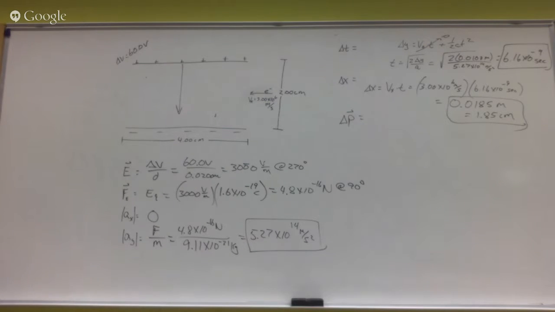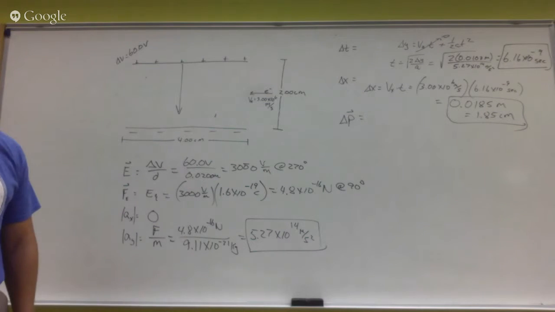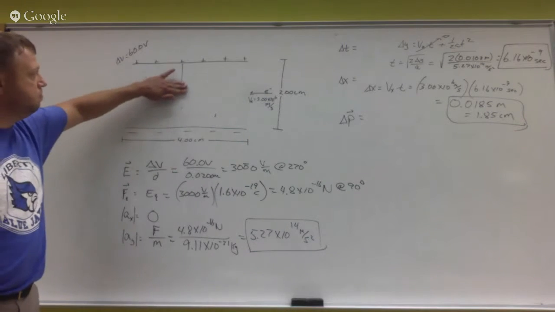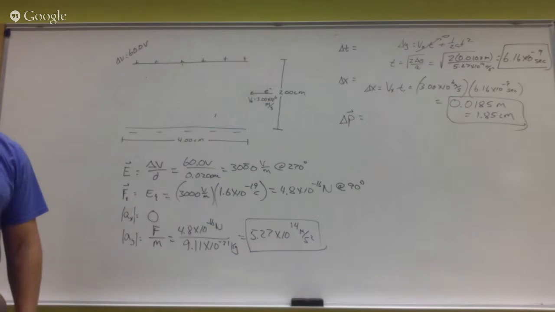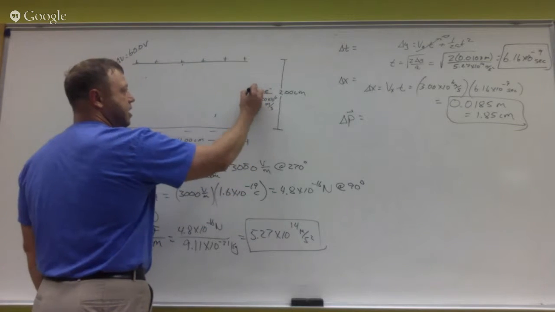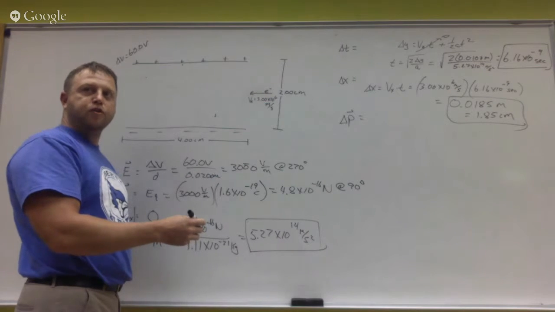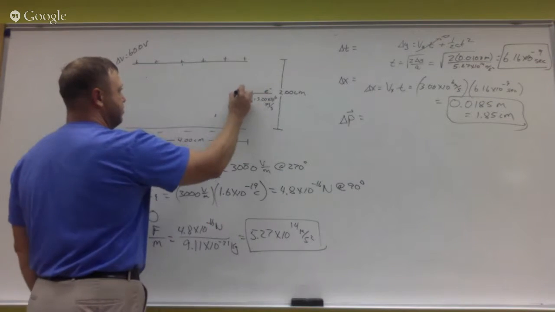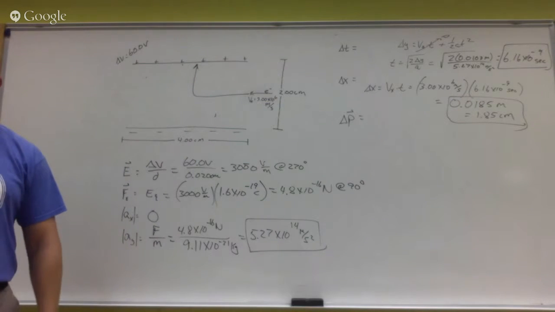So let's sketch the path that this thing's going to travel then. Some upside down projectile, right? Now, don't do this, folks. You will get points taken off if you try to sketch it and do this. That is bad.